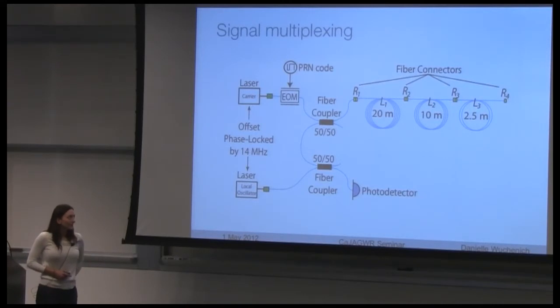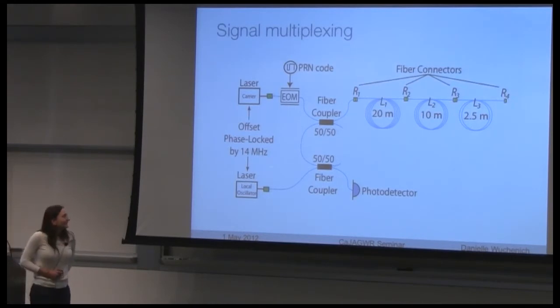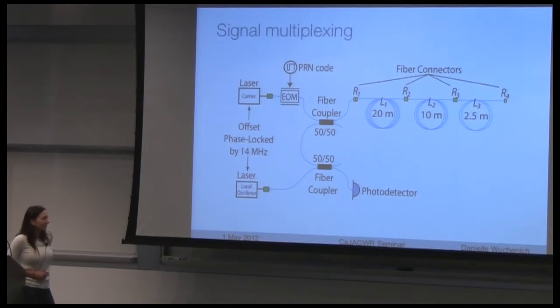This is essentially the exact same experiment that you saw before, but in fiber. And I'm using this one because I have results on this experiment. So essentially you have, again, a laser that's offset phase locked to another laser to give you a heterodyne signal at the detector. Light from the signal laser comes through the electro-optic modulator, gets modulated again.